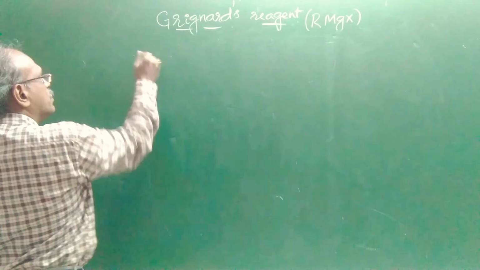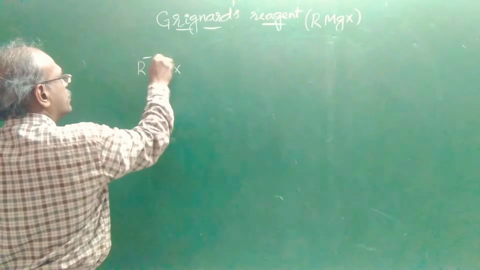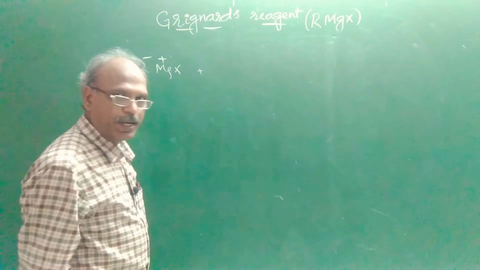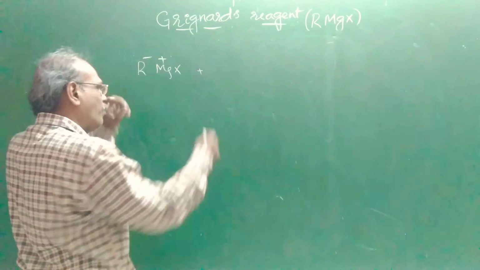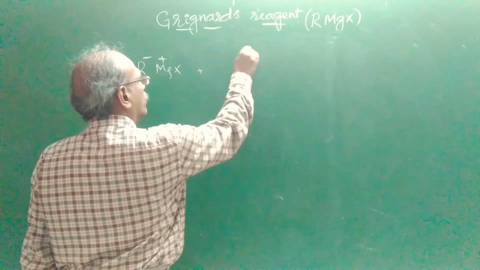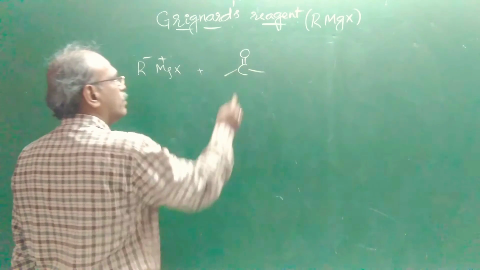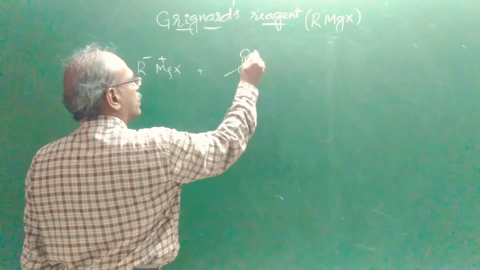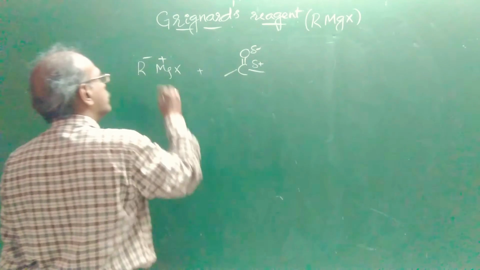Suppose the substrate has a carbonyl group, it may be an aldehyde or ketone, any C double bond O. Because of the electronegativity difference, the carbon gets delta plus and the oxygen delta minus.